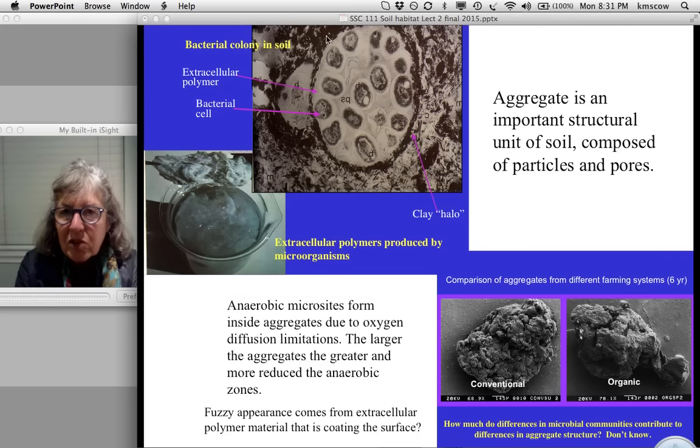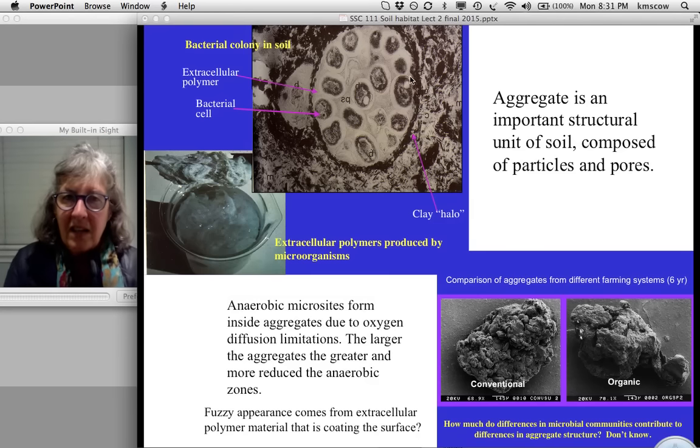So anyway, the other interesting thing you can see is this array of mineral particles around the colony, so that there's almost like an entombing of this colony sitting in this extracellular polymer by clay particles that are attracted to the surface of it.